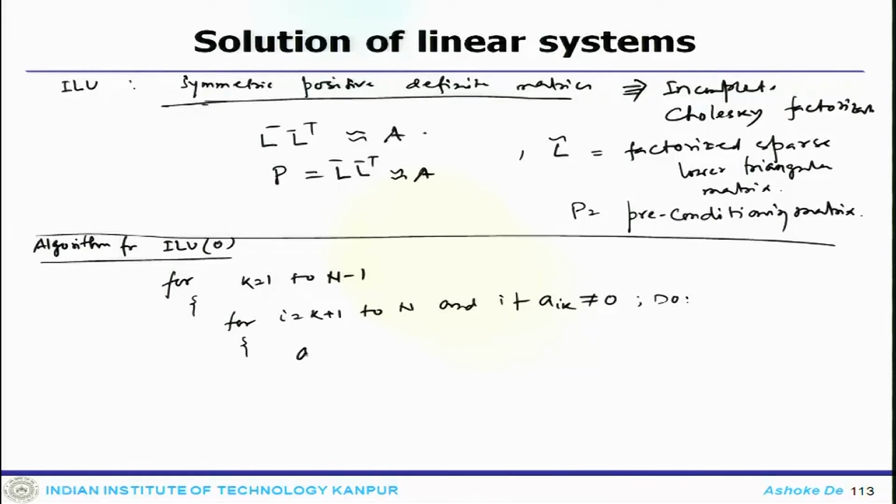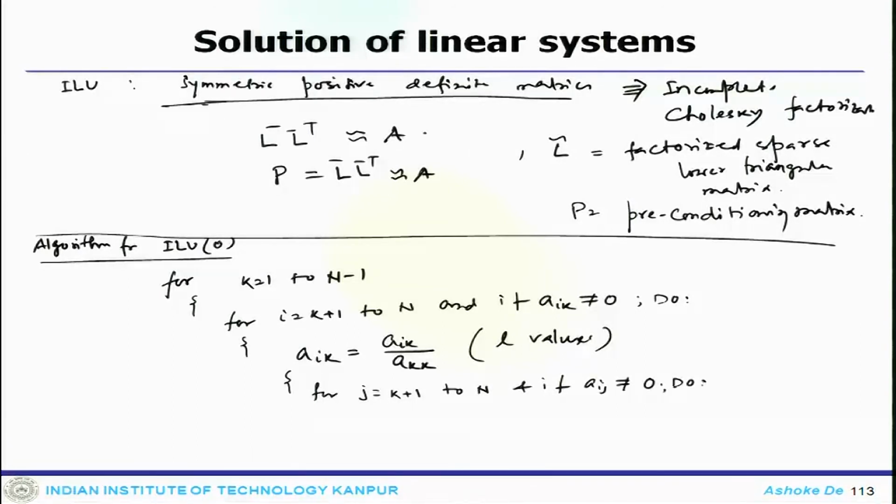You calculate a i k equals a i k divided by a k k, which is the lower values, and then you go for another loop for j from k plus 1 to n, and if a i j is not equal to 0, you calculate a i j equals a i j minus a i k multiplied by a k j, which is the upper values.